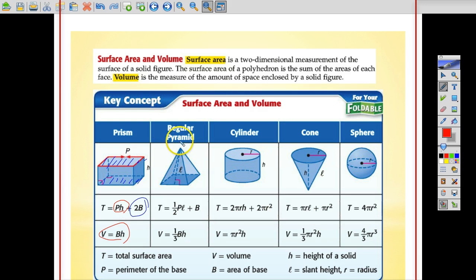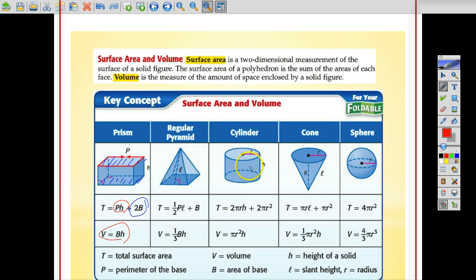A regular pyramid's total surface area will be 1/2 perimeter of base times L, the slant height, so this L stands for slant height, plus the base. For the volume of it, you're going to do 1/3 of the base times height.